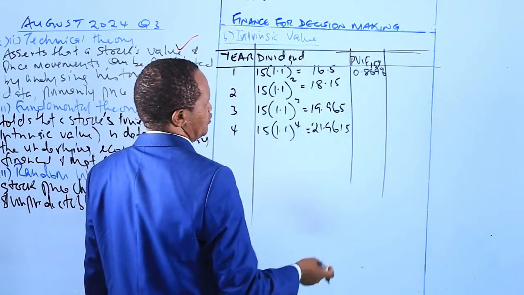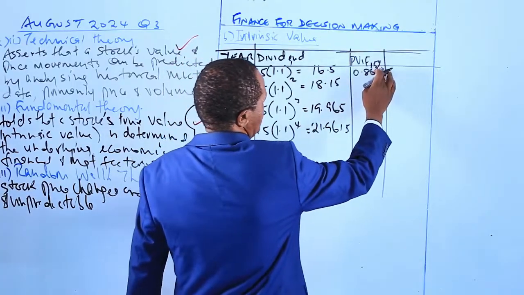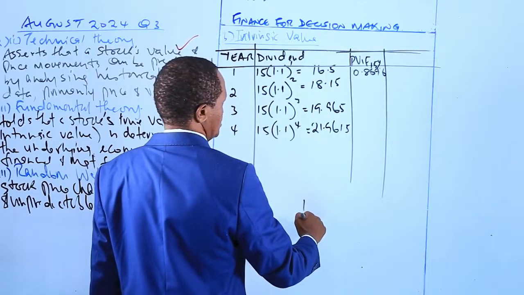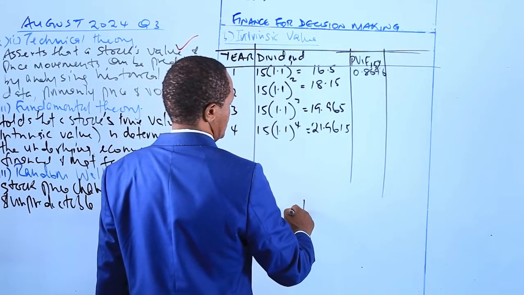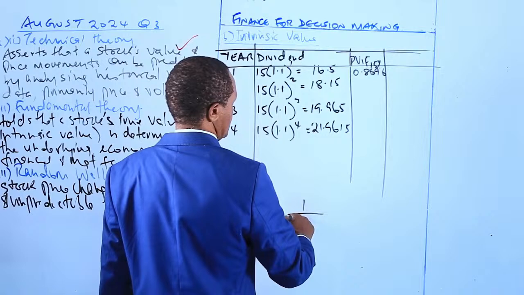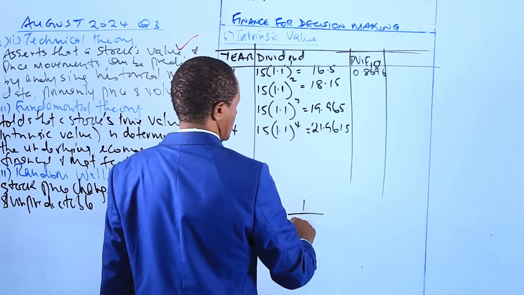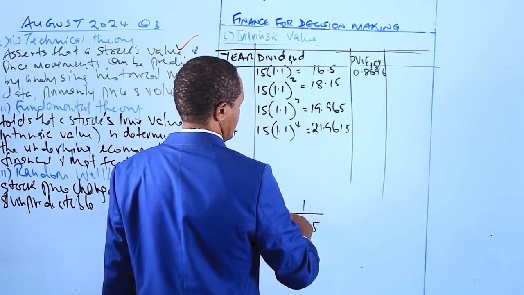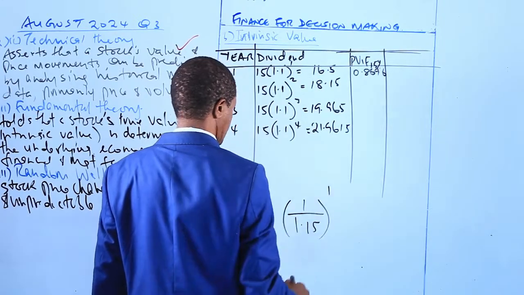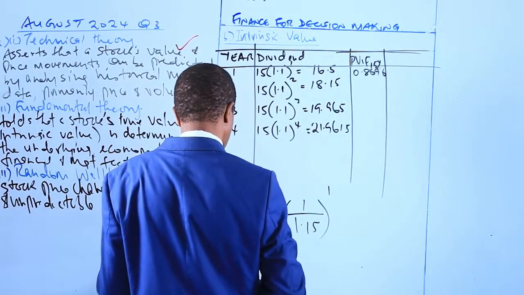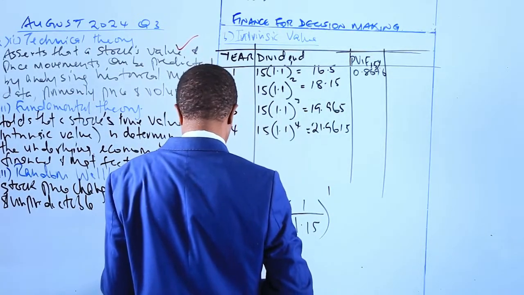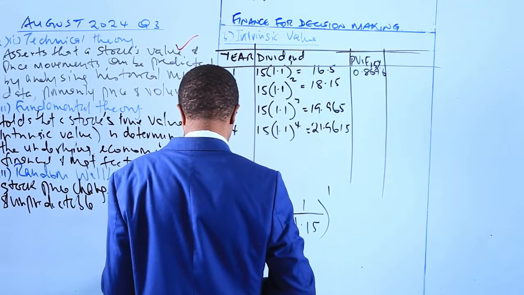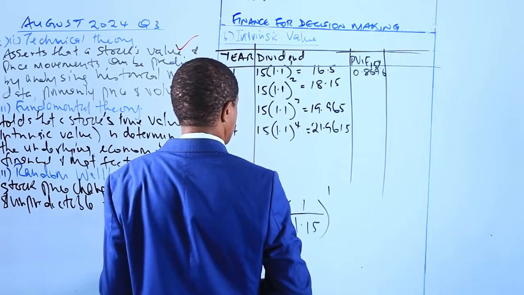There's an alternative way of getting this interest factor. If you don't have a table, that will be 1 over 1.15 raised to 1. So that will be 1 divided by 1.15. Yes, 0.8696.